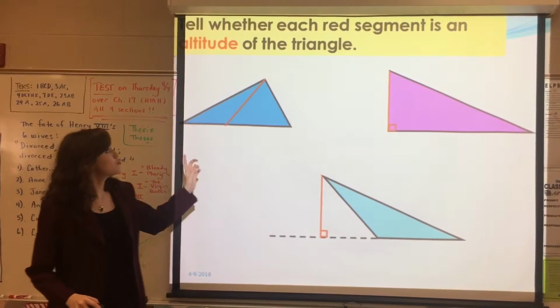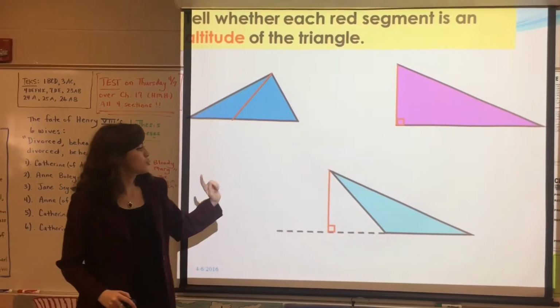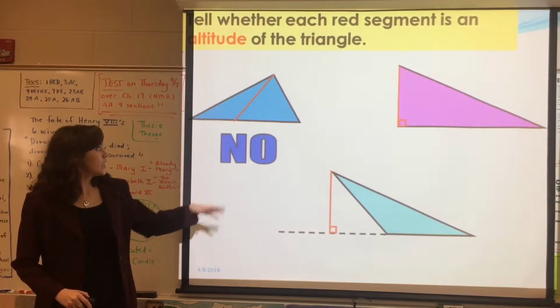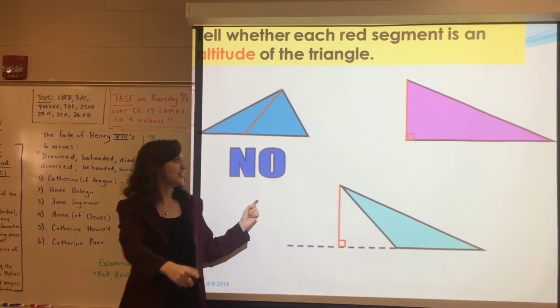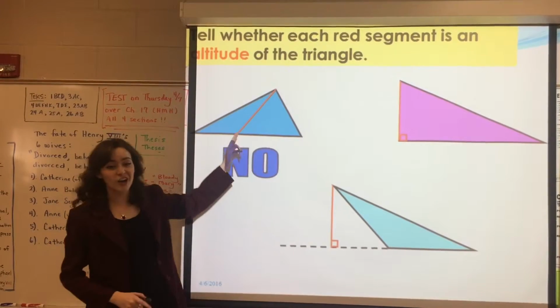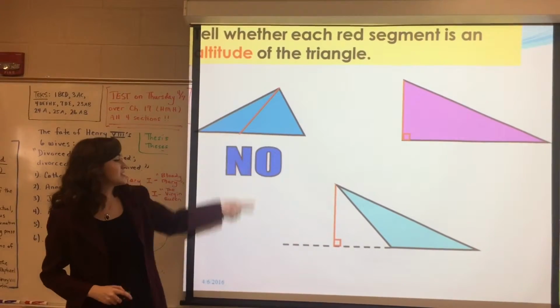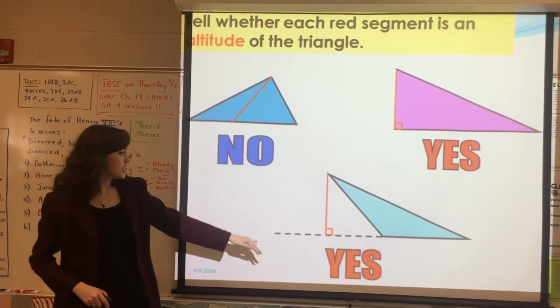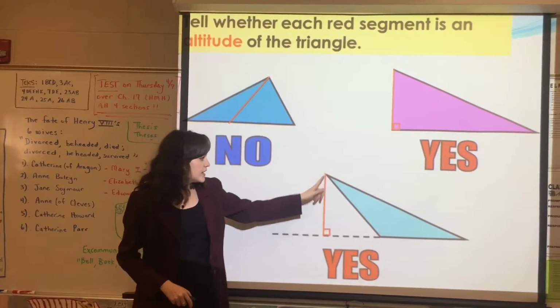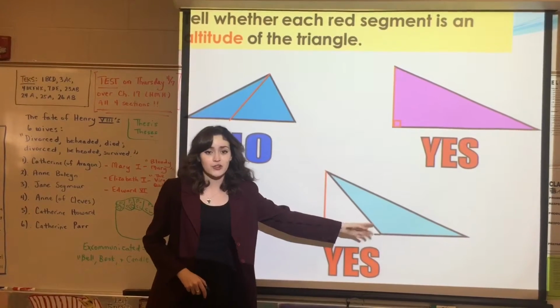Tell whether each red segment is an altitude of the triangle. Okay, this one is not. Why is it not? Yes, very good. It's not because it is not creating a perpendicular here. This one is, and this one also is. This one is very important because it is on the outside of the triangle.